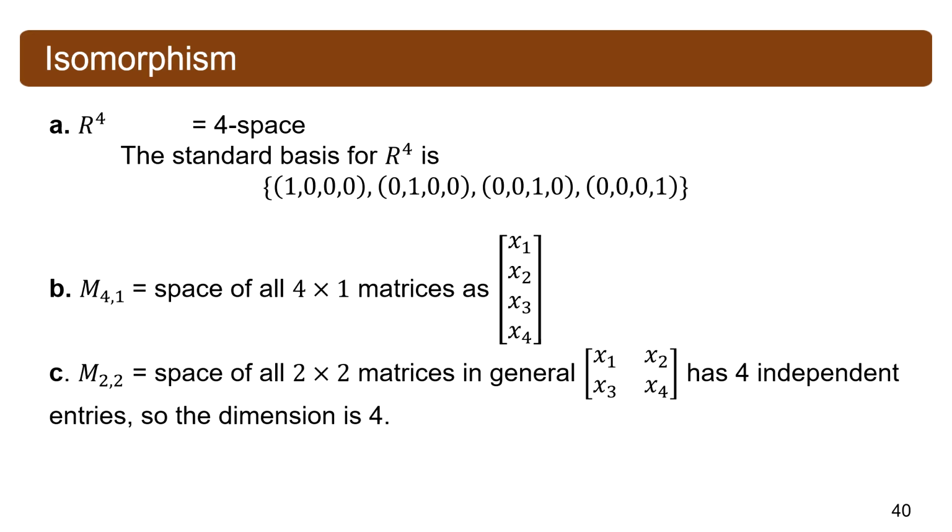So there are 4, the dimension is 4. What about a 4 by 1 matrix? If there's a 4 by 1 matrix, meaning there are 4 entries, so we need 4 components of the vector. For the space of all 2 by 2 matrices, in general, we have x sub 1, x sub 2, x sub 3, x sub 4, and it has 4 independent entries. So the dimension is 4.